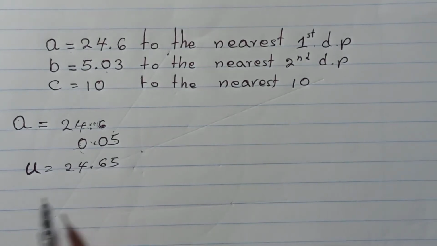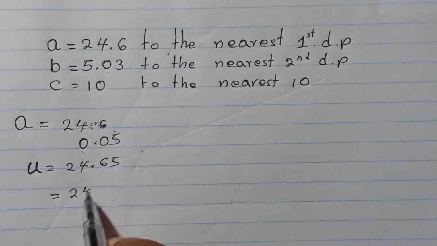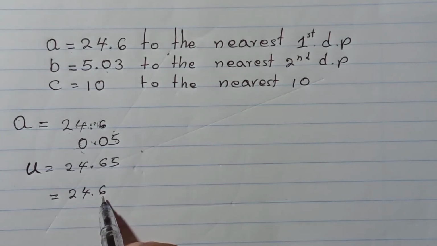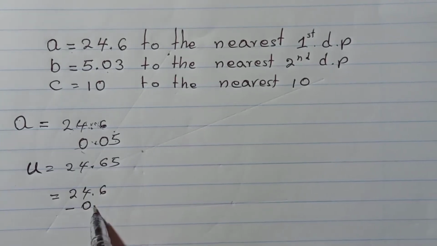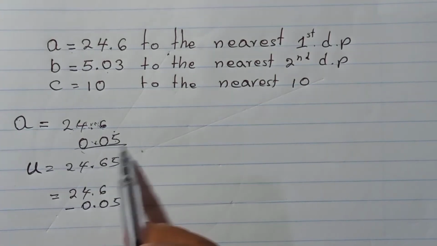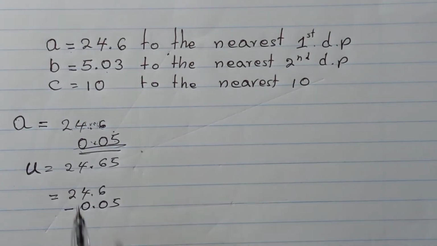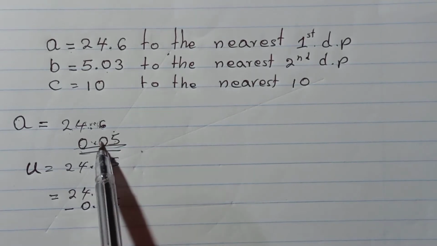Now I need to find the lower bound. How do I find it? I will do it the very basic way: 24.6 subtract 0.05. This is the number I need to add and subtract. Keep in mind, for the first decimal place, we thought the second one is 5 and the others are 0.